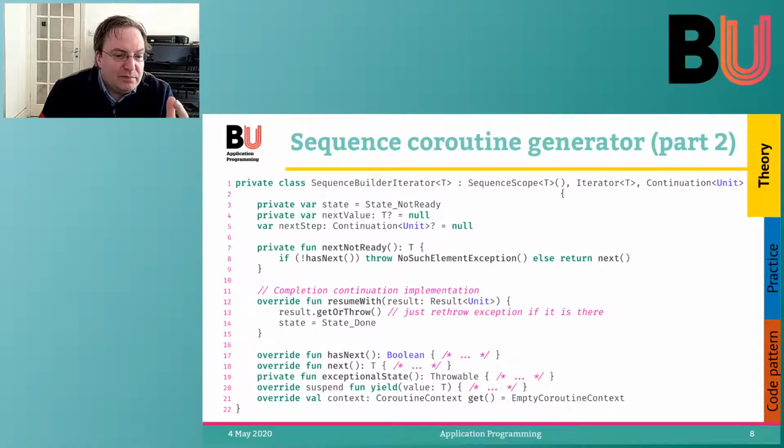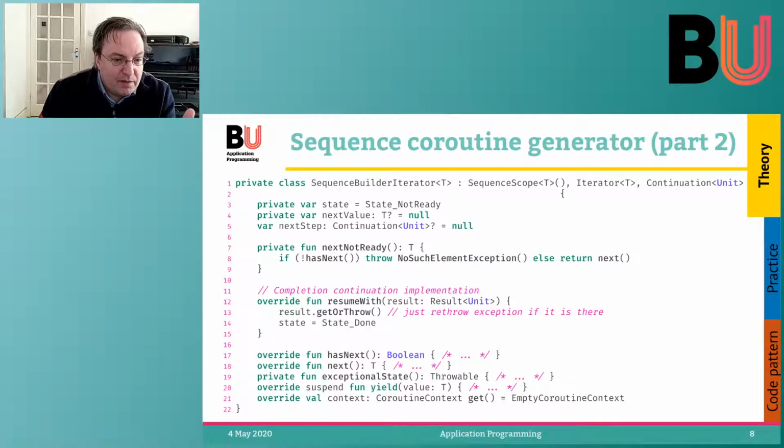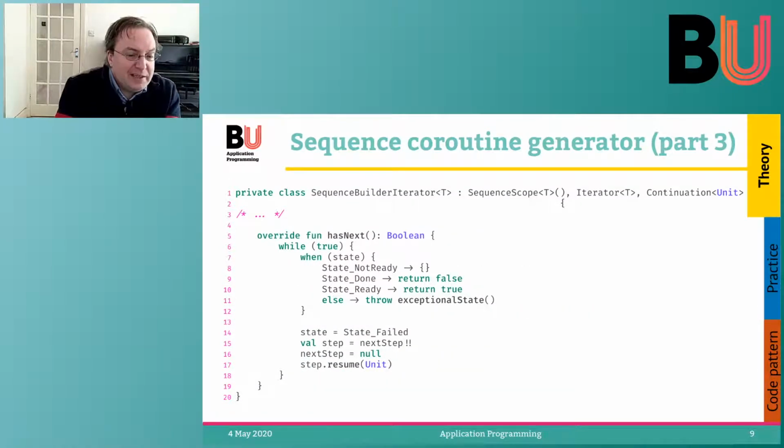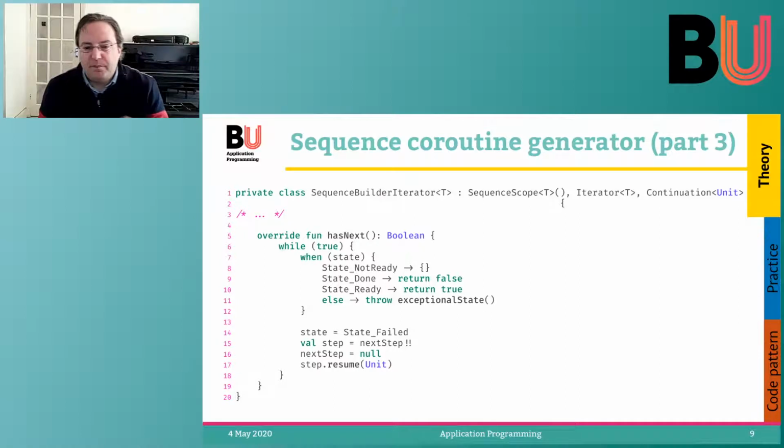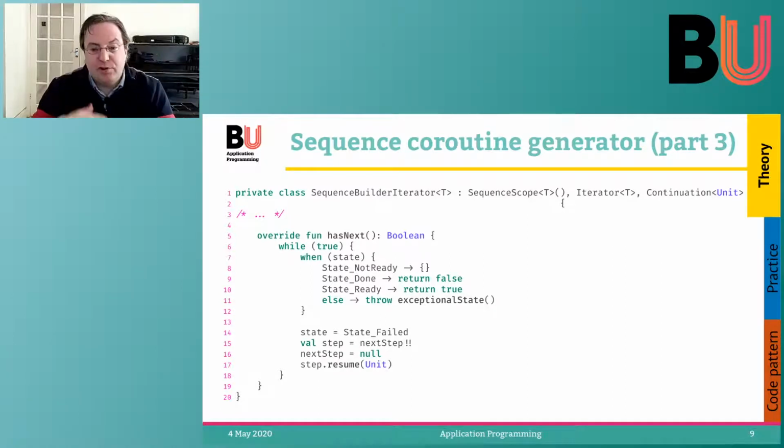We get that next step. We set now the next step to null, and then we call the resume function on that next step. Basically, that says, okay, coroutine, continue your work. This resume function will then actually call the code in the continuation, that was our code block.